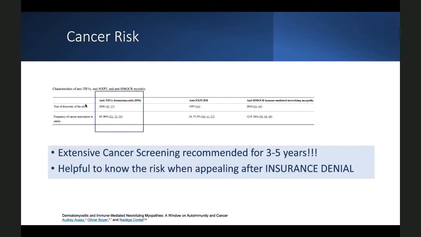Again, the cancer risk for dermatomyositis with this particular antibody is about 80%. So you need to know the risk with the particular antibody, so it's helpful when we are appealing to the insurance.